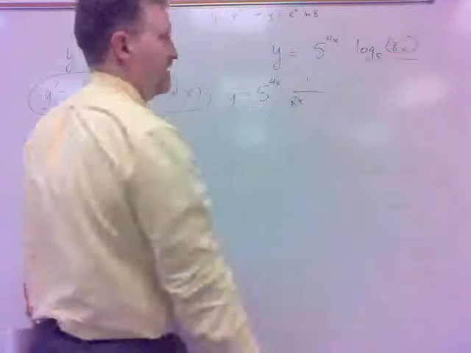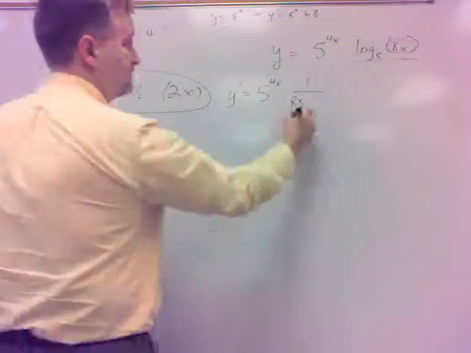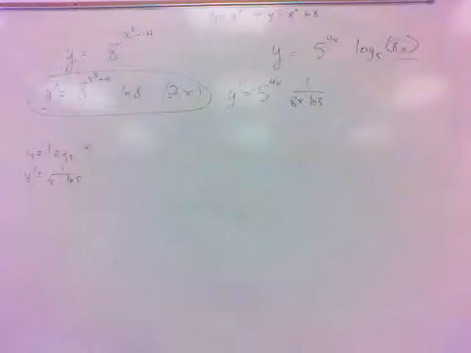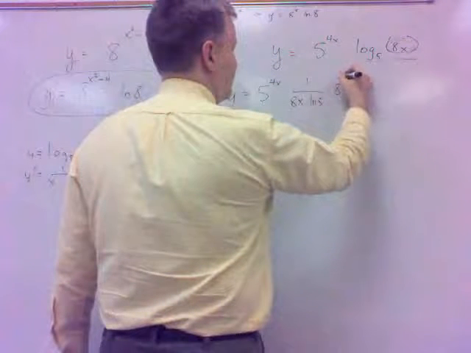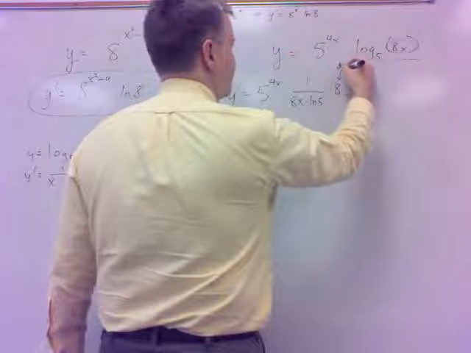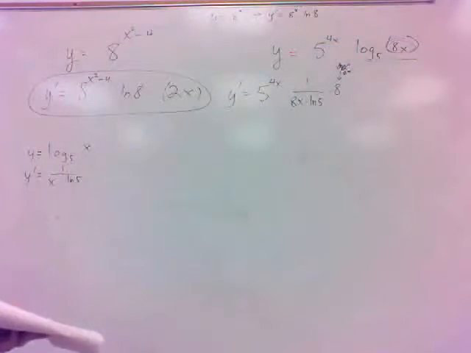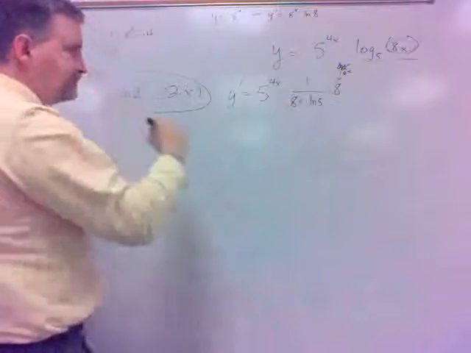This is, instead of x, I've got 8x. And then times the natural log of 5. And then I'd multiply it by what else? Multiply by 8, yeah, because that's the derivative of 8x. Okay? And so, lo and behold, it turns out the 8s just go ahead and cancel, don't they?